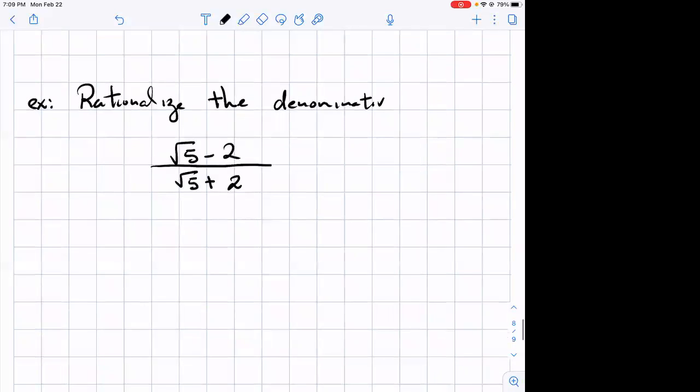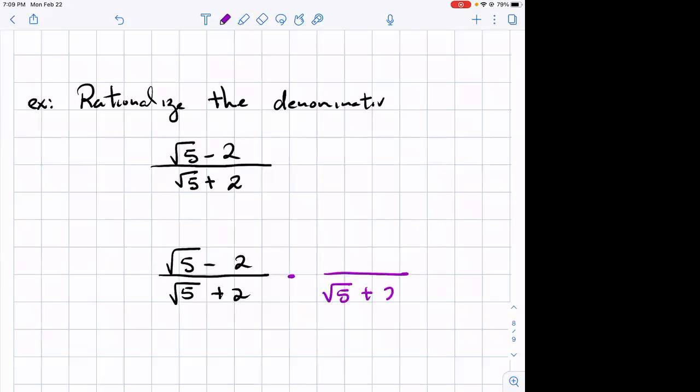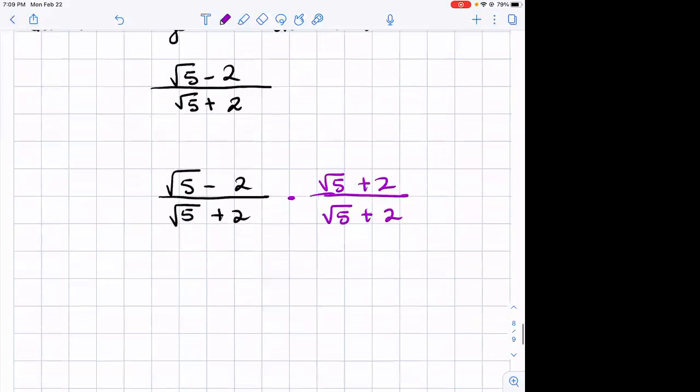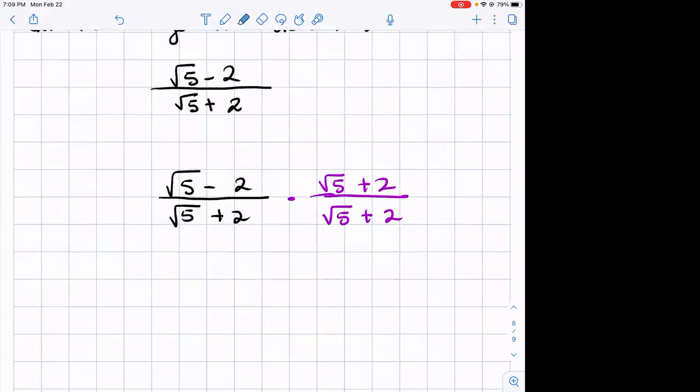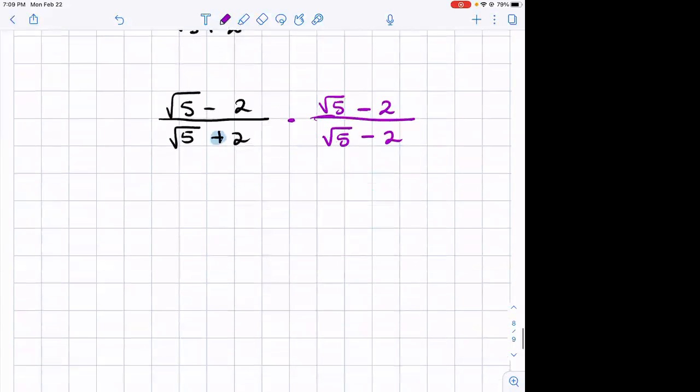So we'll multiply by the conjugate of the denominator, okay? The conjugate of the denominator would be root 5 minus 2. And we multiply the top by the same, because this is a plus. If this is a plus, that has to be a minus. So top and bottom, we multiply by the same, because when you do the division, it has to be 1.